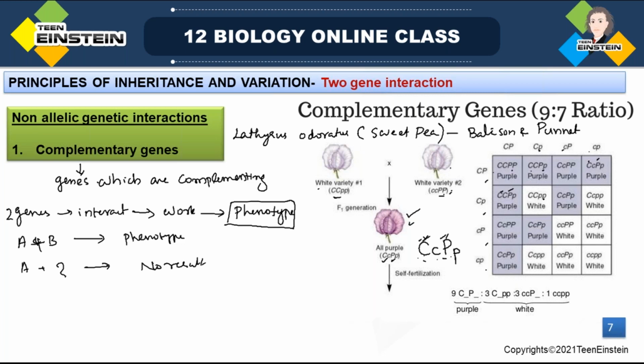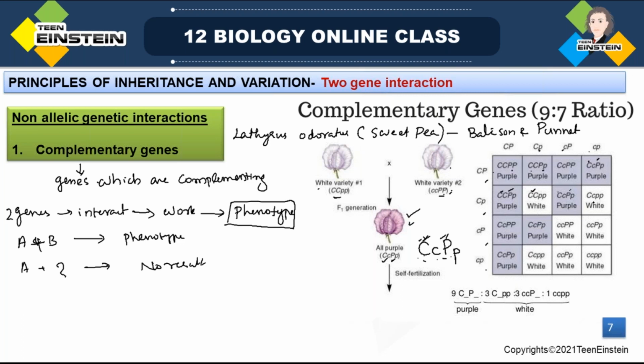But here comes the difference. Here again only capital C is there. The P gene is in recessive condition. So it will give only a white color flower. Both genes should come, or both alleles should be in dominant condition. Then only it will give a purple color flower. Right? So this is white. And again here both C and P alleles are dominant, so it will give purple.